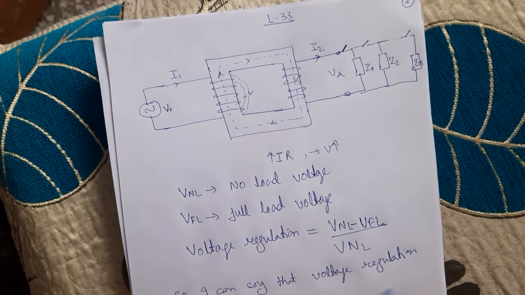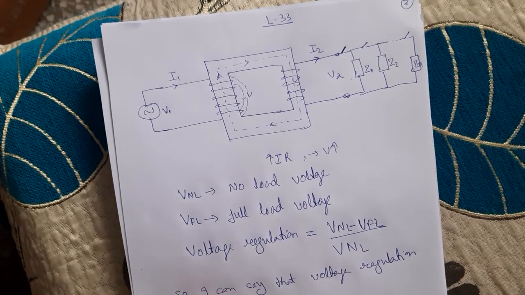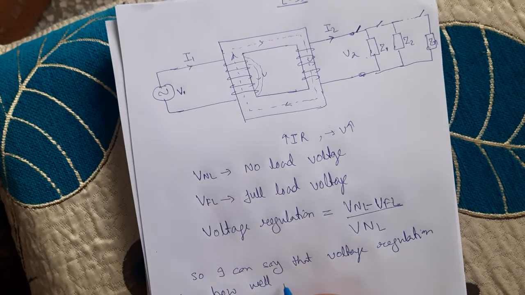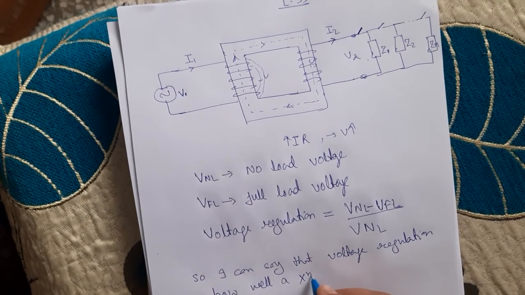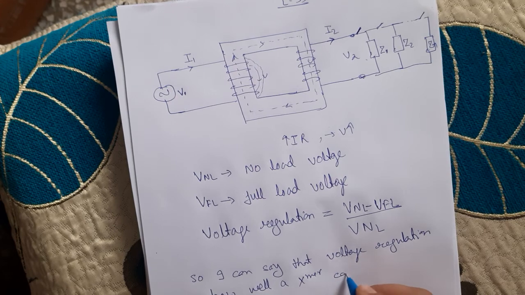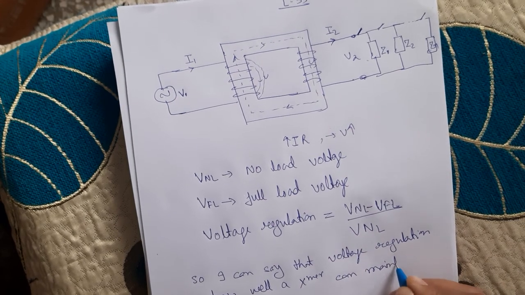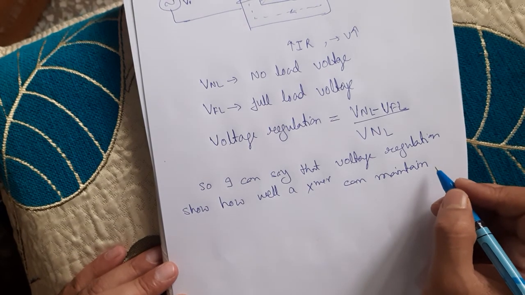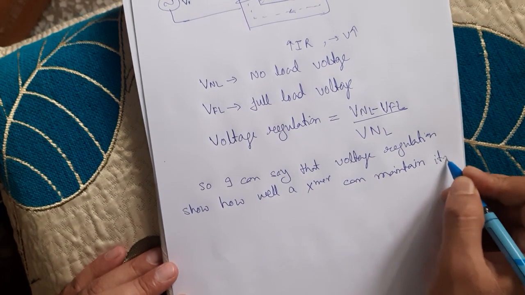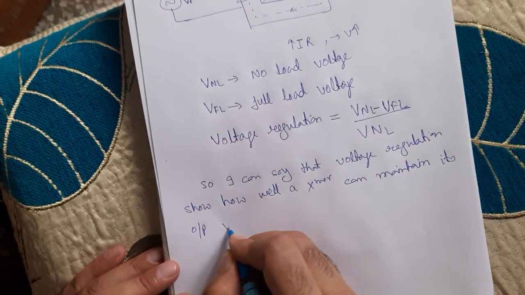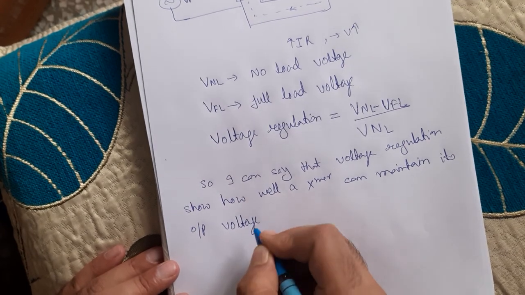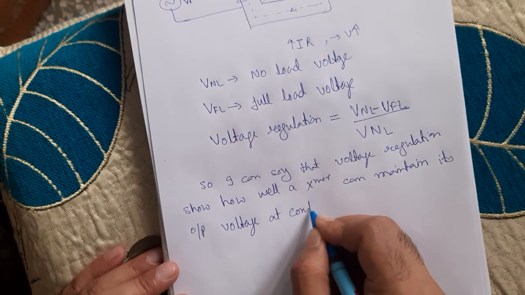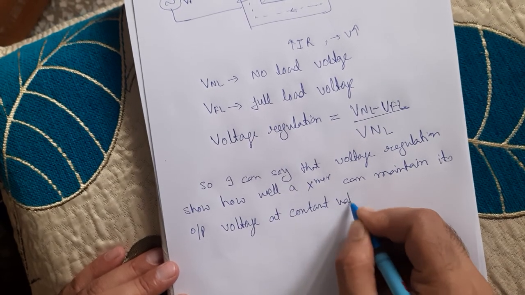So I can say that the voltage regulation shows how well a transformer can maintain its output voltage at constant value.